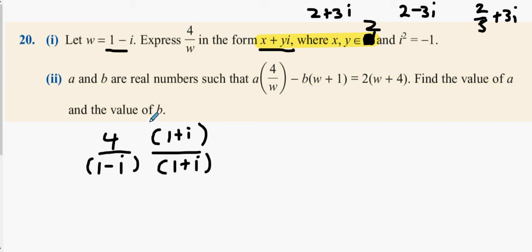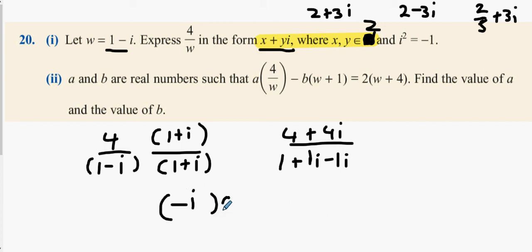Okay, multiply the top, we go for the conjugate. 4 times 1 plus i, and on the bottom, 1 times 1, 1 plus 1i, minus 1i, minus i by i, which is minus i squared, which is minus 1.